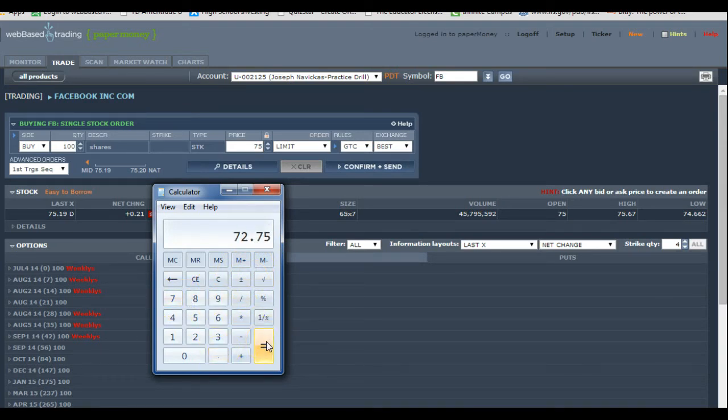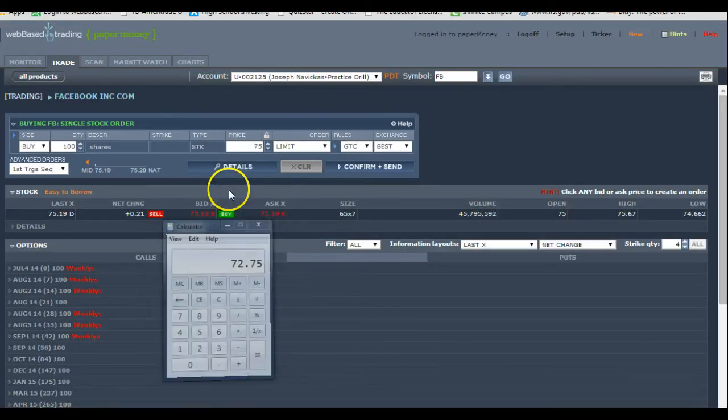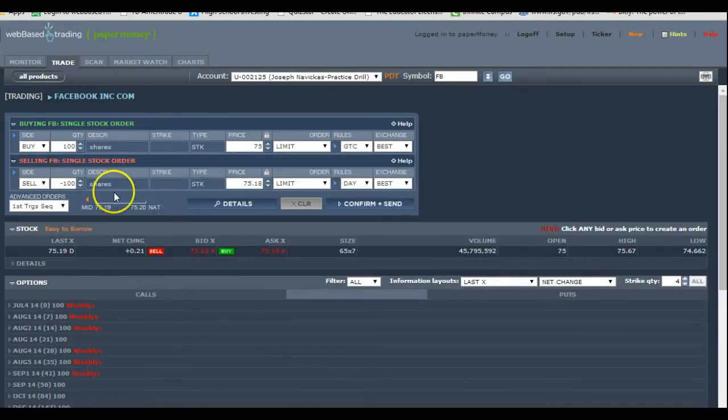Basically when the stock gets to 72.75, if I bought at 75, I'm down 3% on that position. So we want to make sure that we put our sell here at 72.75, and we're going to put a stop order on that.